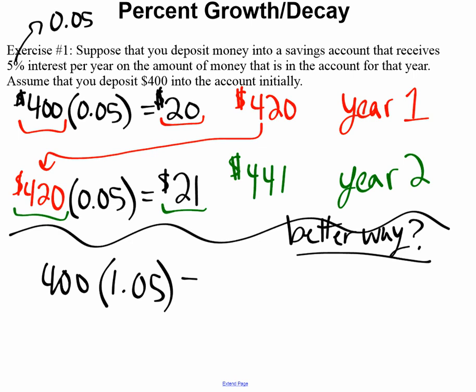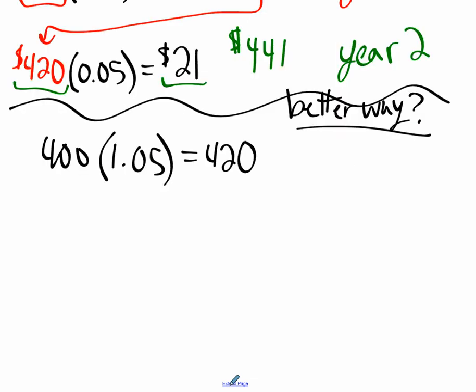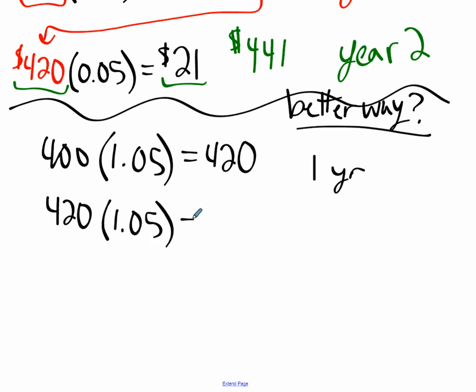And when I do that, I get 420 for the year. Okay, and then I could take that 420. So this is 1 year. Take that 420 and multiply it by 1.05 again. And that would give me 441, which is the second year. A little easier, but still kind of tedious.